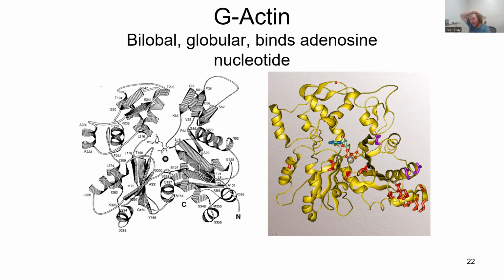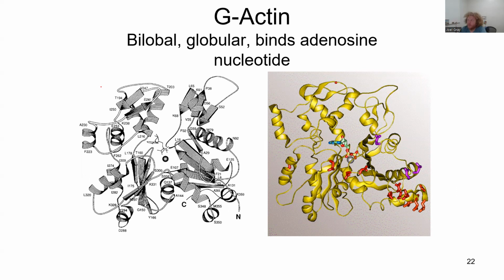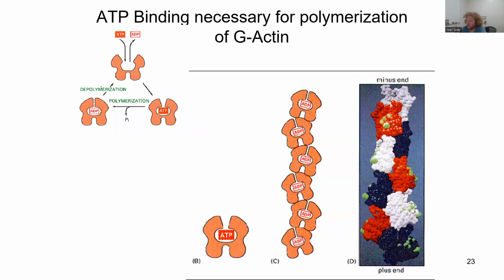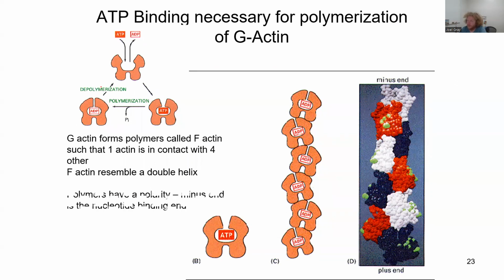Now, G-actin is a bilobal globular protein that binds adenosine as a nucleotide. What this is able to do ultimately is actin is a series of globular proteins that aggregate together to make that long filamentous structure.